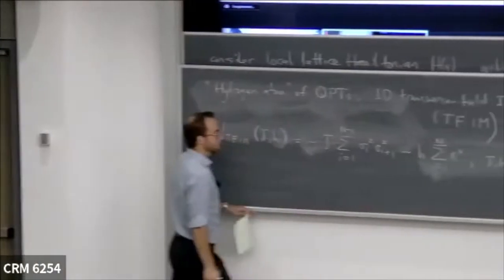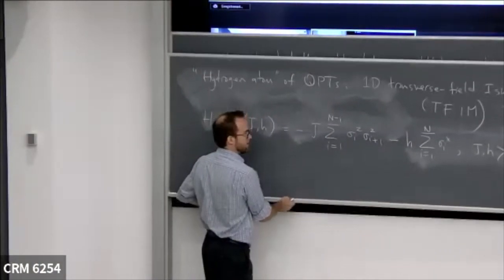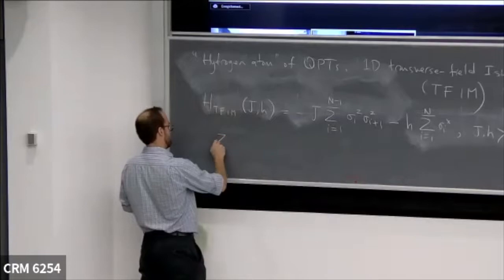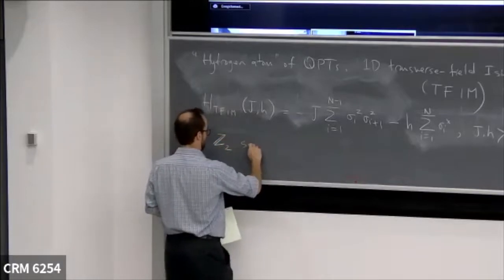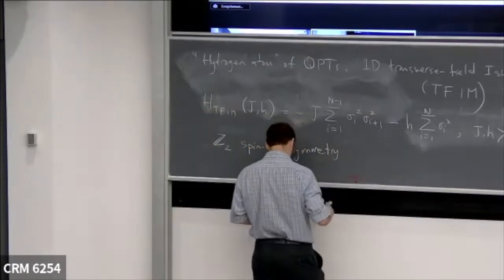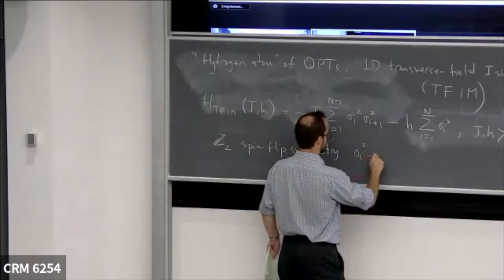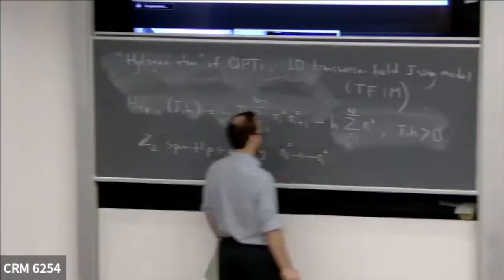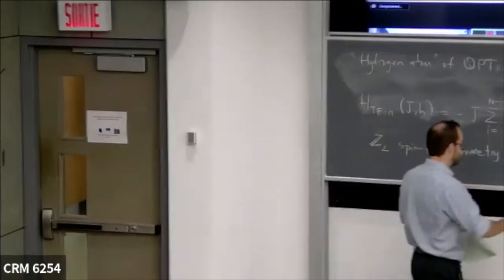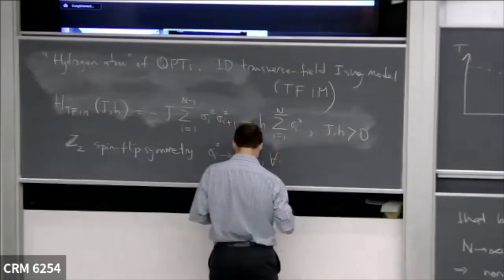Okay, so this model has a symmetry: a Z2 spin flip symmetry, which is a global symmetry, so it amounts to reversing all these spins in the z direction for all sites.